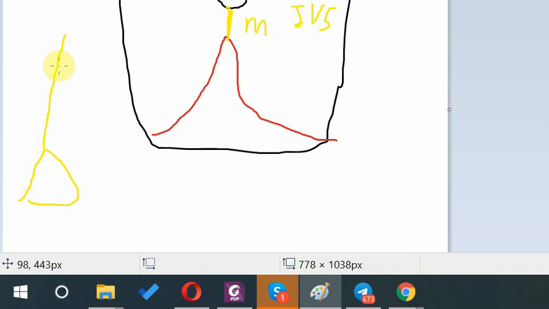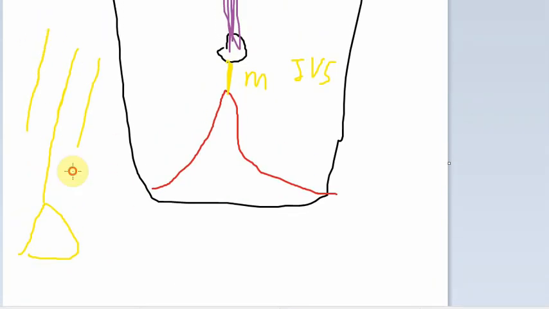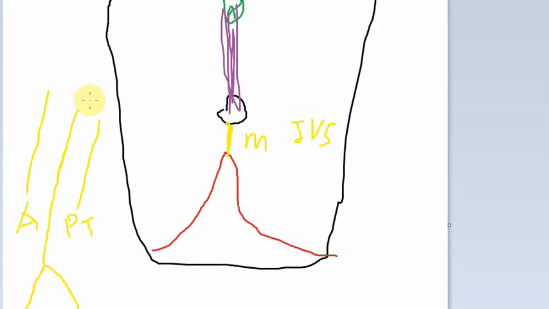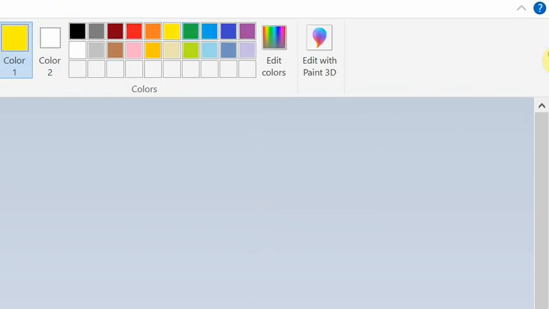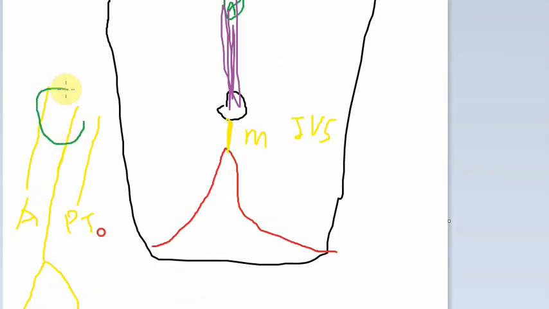But notice here, normally we have the truncus arteriosus, which has your pulmonary trunk here and your aorta here. You are like, wait a second, you are wrong. The pulmonary trunk is supposed to be on the left, the aorta is supposed to be on the right. You are right, but I'm still right. So why? Because there is a process of spiralation inside of the heart, which means, see, this goes this side, and this goes this side.